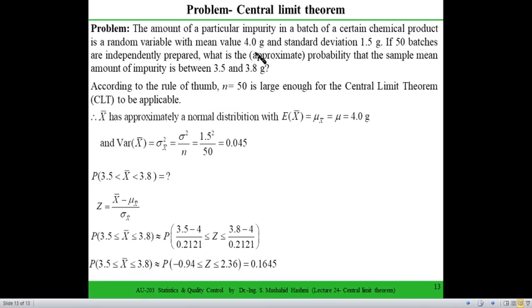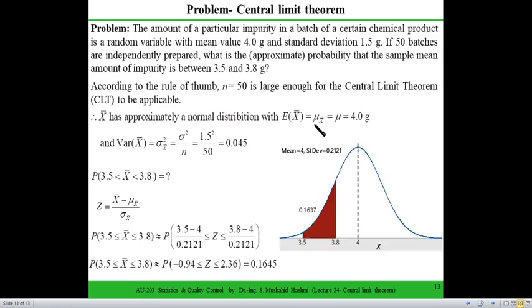But thanks to the central limit theorem, we consider the sample mean as normally distributed. So here 16.45, or from software 16.37, is the probability, where your mean is 4 and your standard deviation is the square root of 0.045, which is 0.121.